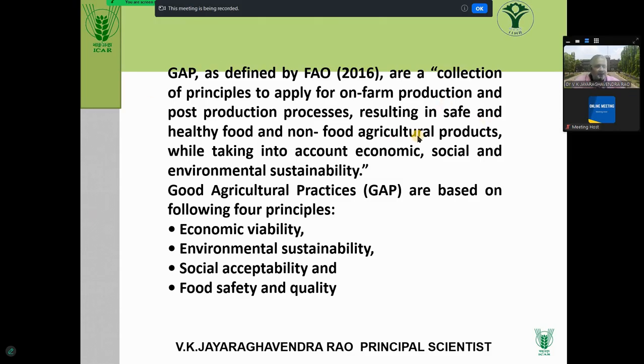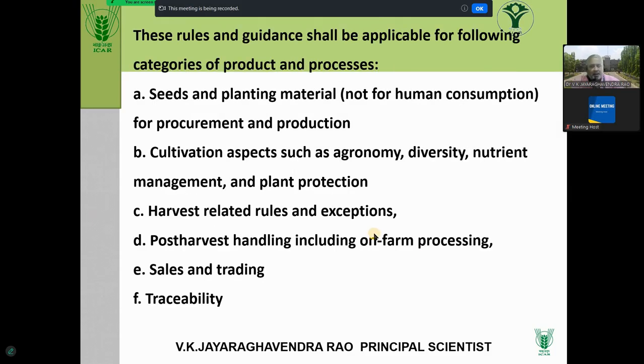FAO defines a collection of principles to apply for on-farm production. We have to have a production process and all the safe practices: economic viability, environmental sustainability, social acceptability, food safety and quality. All these are very important. Especially seeds and planting material, which are not for human consumption, had to be procured and produced with all diversity and nutrient management.